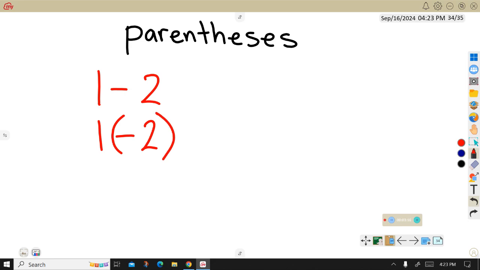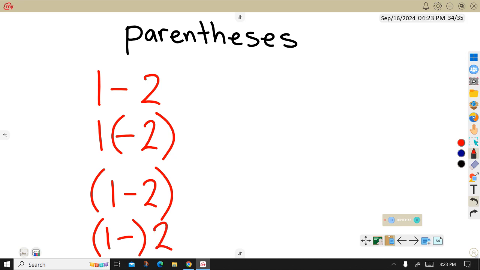We might have parentheses 1 - 2. I'm trying to think of any other way that this could look. Like, what would you guys think if you saw something like 1 minus and then it just closed and it was parentheses? You'd have to see that this is meaningless, right? This doesn't mean anything because we just can't have minus and then a blank. So this is something you'll probably never see, okay? So that can't be. So what do all of these things up here mean?